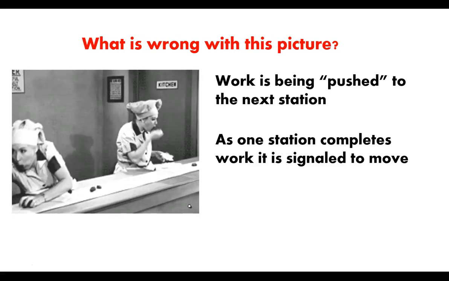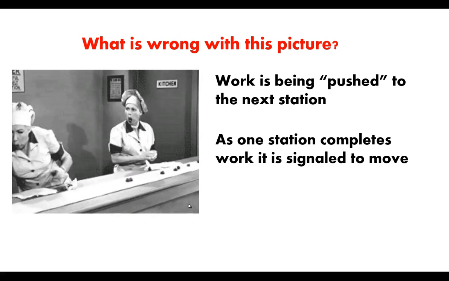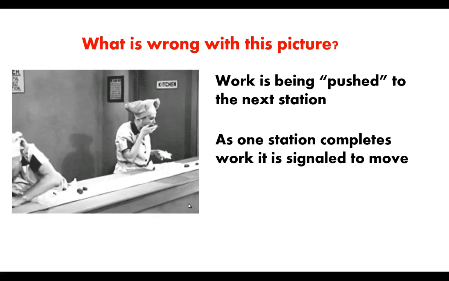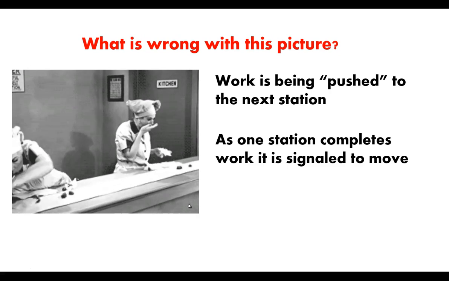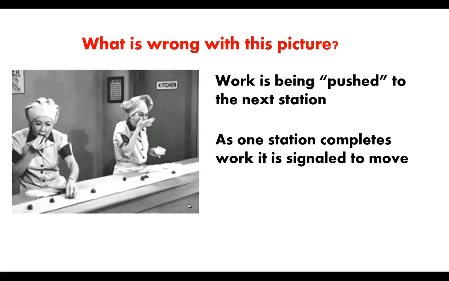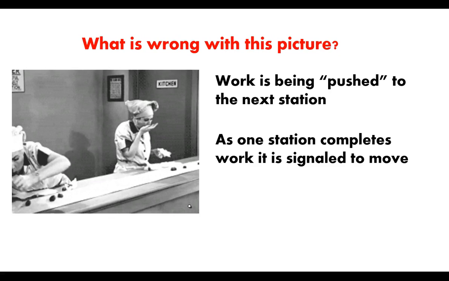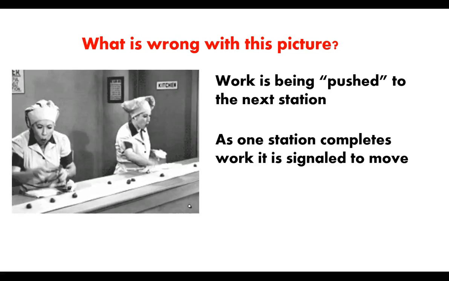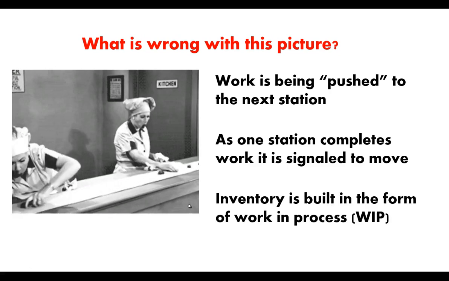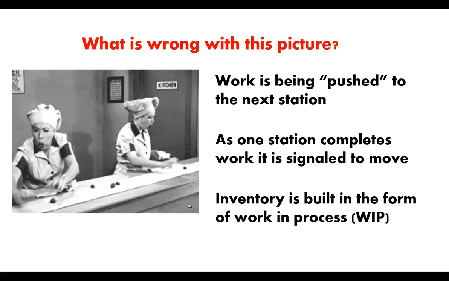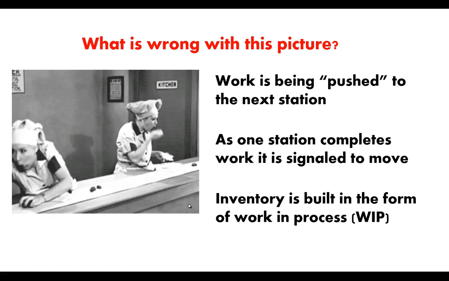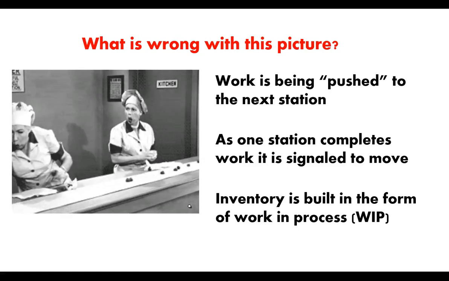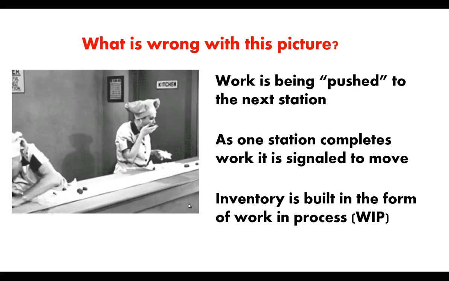Whatever's going on before has its own independent signal to send this work on its way. Wherever the chocolate is dipped or whatever other process happens upstream, that's the only signal they're worried about: did this job get done, and can it be sent on its way? And like I said in the last slide, the inventory is being built up in the form of work in process. So this may not be the inventory of you getting parts from raw stock.